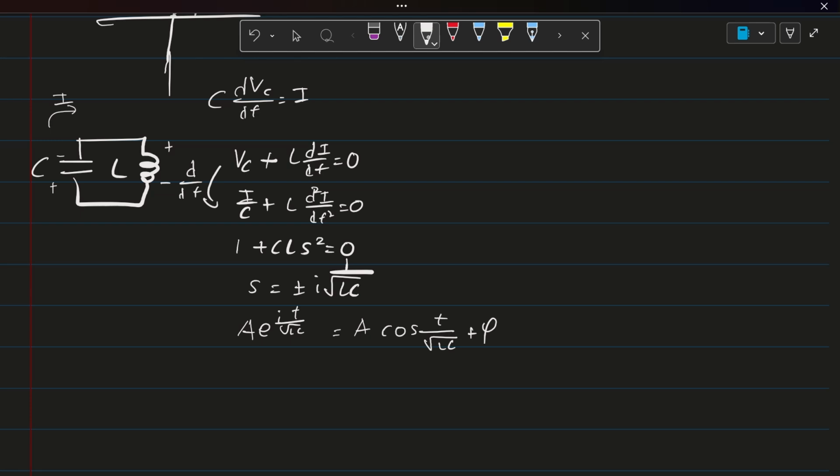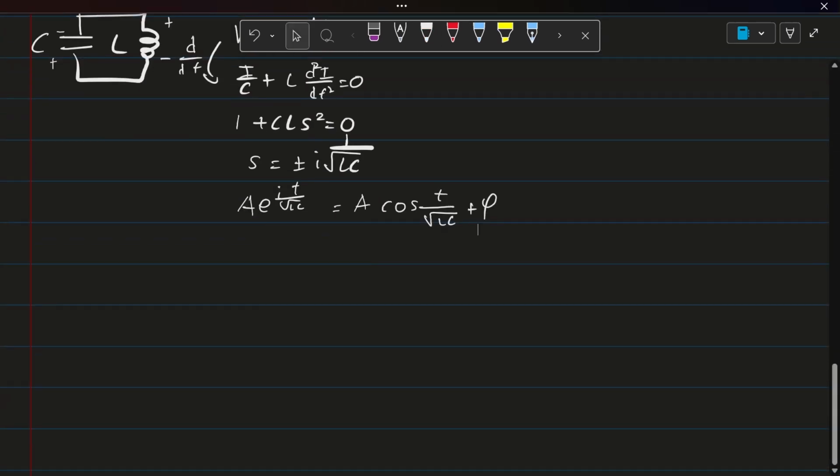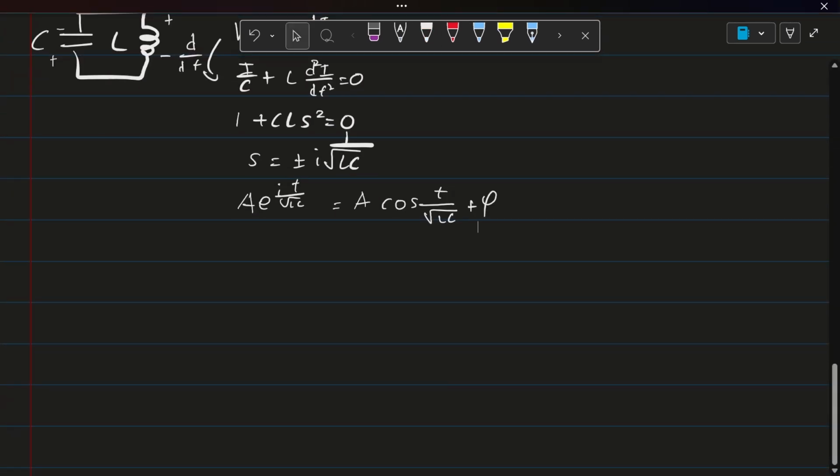It turns out that A and phi are both independent, thanks to a second order differential equation. And something that I want to point out here is what you call the oscillation frequency, or the natural frequency, which is 1 over the square root of LC. This value determines how fast the oscillation is, and this will later be related to damping.